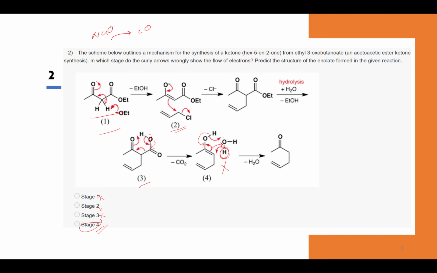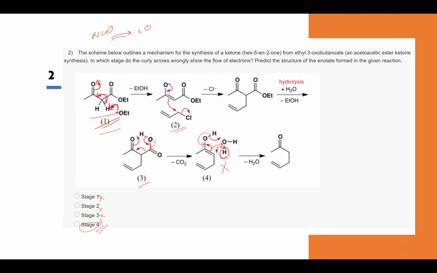So the arrow should be shown this way only. Here, the minus OEt group was there, so electron flow is shown this way, and this negative charge is forming a bond here, and this is going like this. So this is the correct arrow pushing, and that's why this is the correct one.